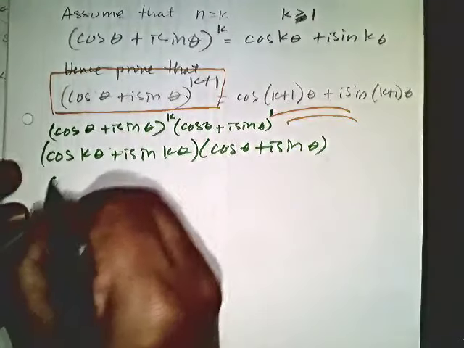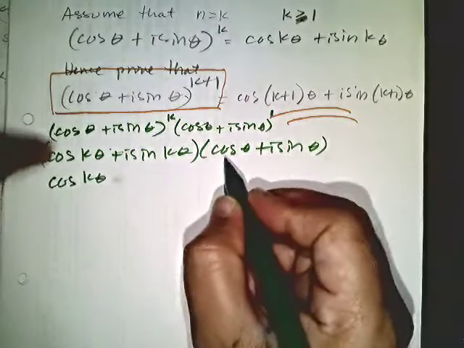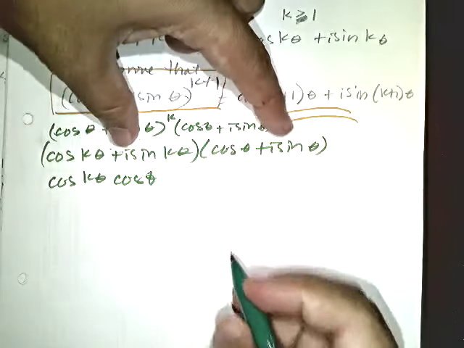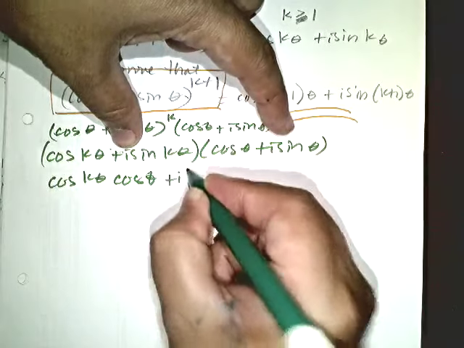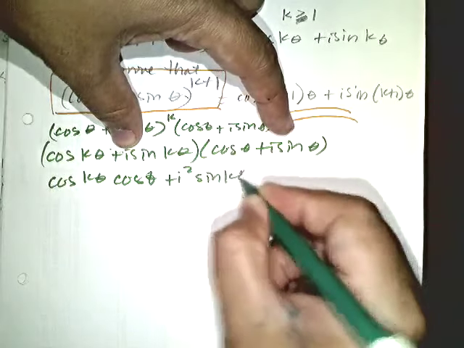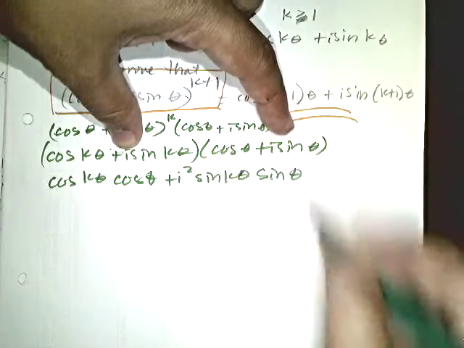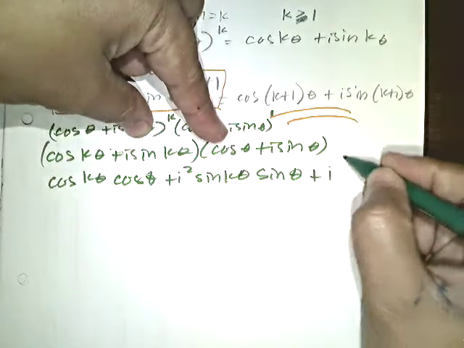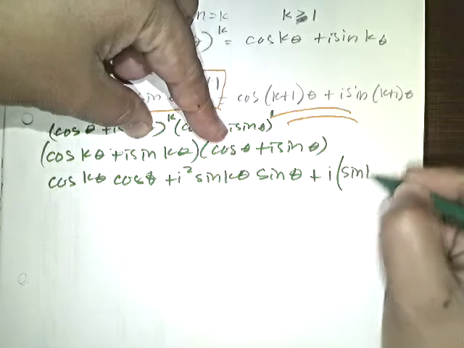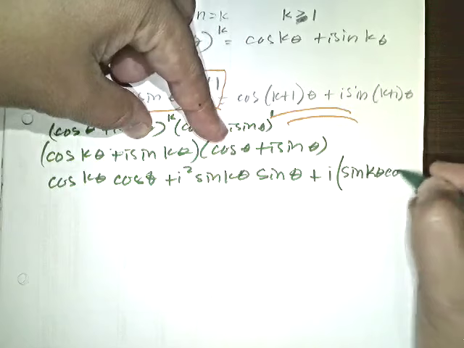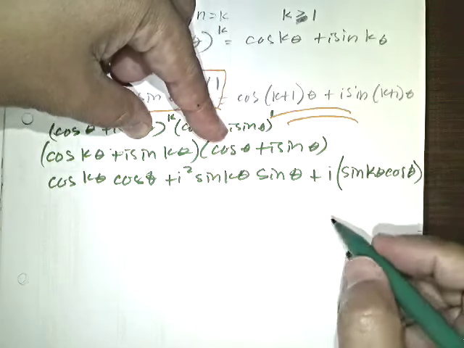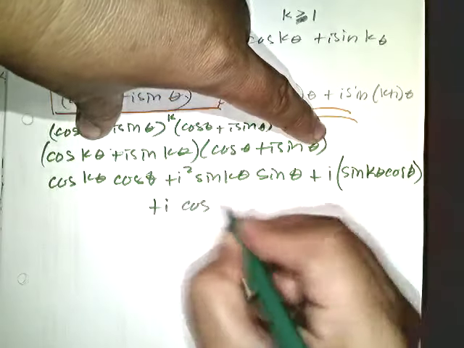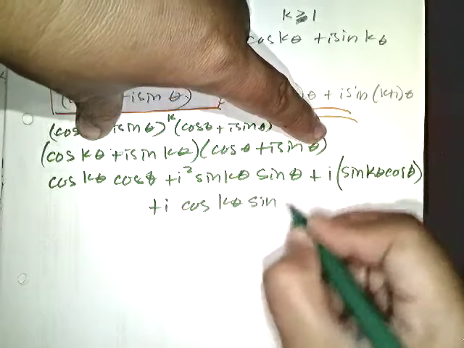And then we multiply the binomials. So you have cosine of k theta times cosine of theta, plus i squared sine k theta times sine of theta, plus the ones with the i component, sine k theta times cosine of theta, plus cosine k theta times sine of theta.